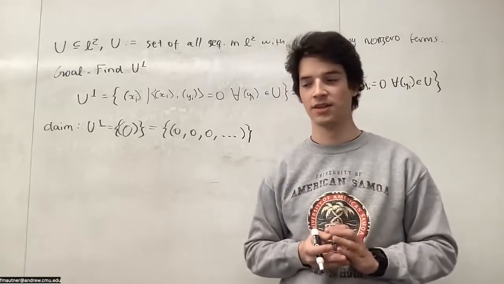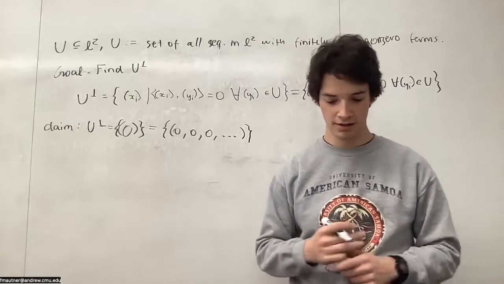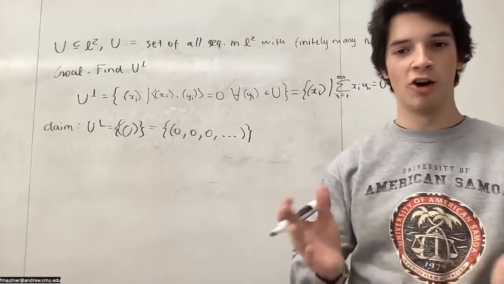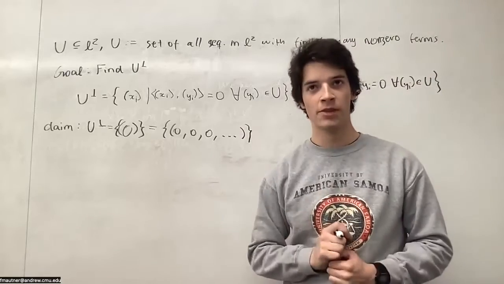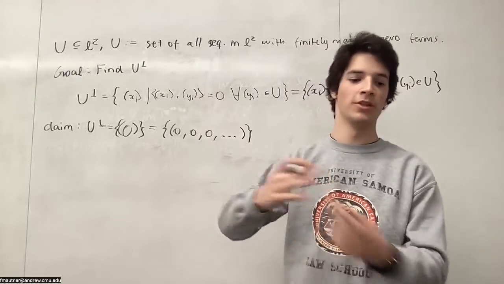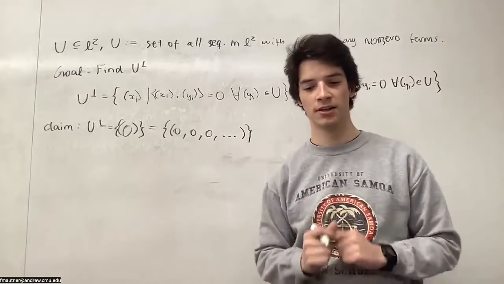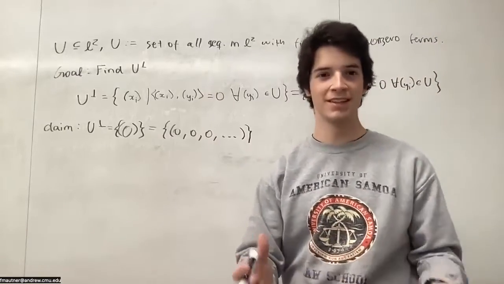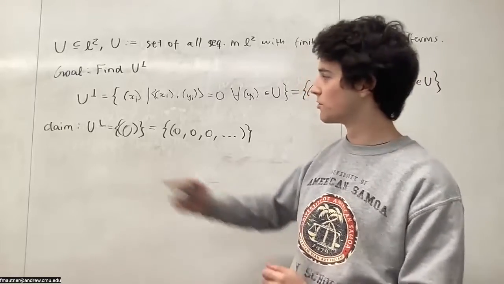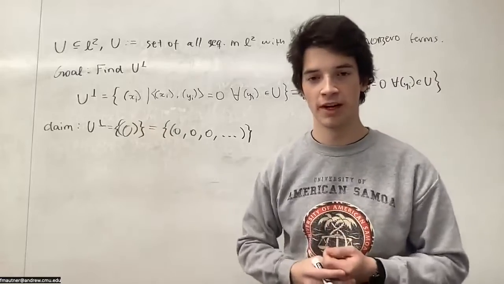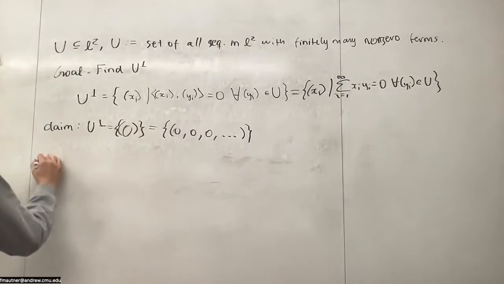We need something that cancels everything out. If something in some other subspace that is not the orthogonal complement has a non-zero term, we can always find something in U that when we take the product will not in fact be 0. That might have sounded a little confusing, but I'm just trying to show that a good strategy to show that the orthogonal complement is indeed just the 0 vector is to go by contradiction. So we'll prove this by contradiction.